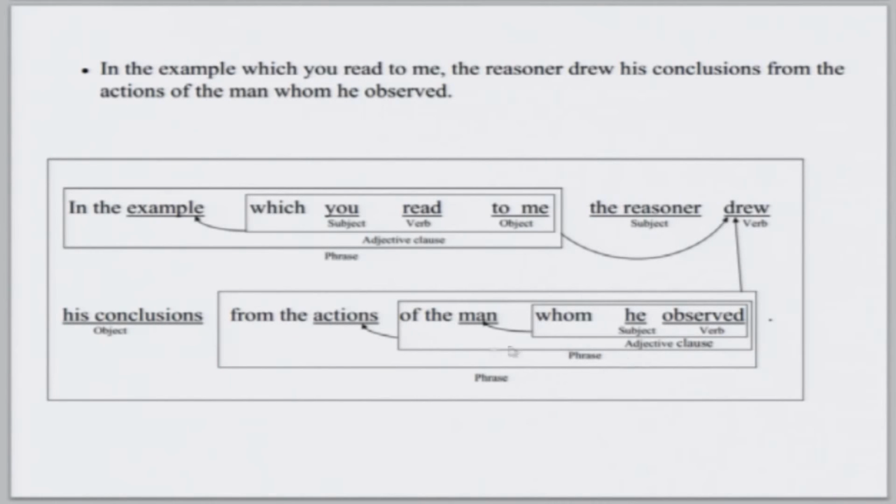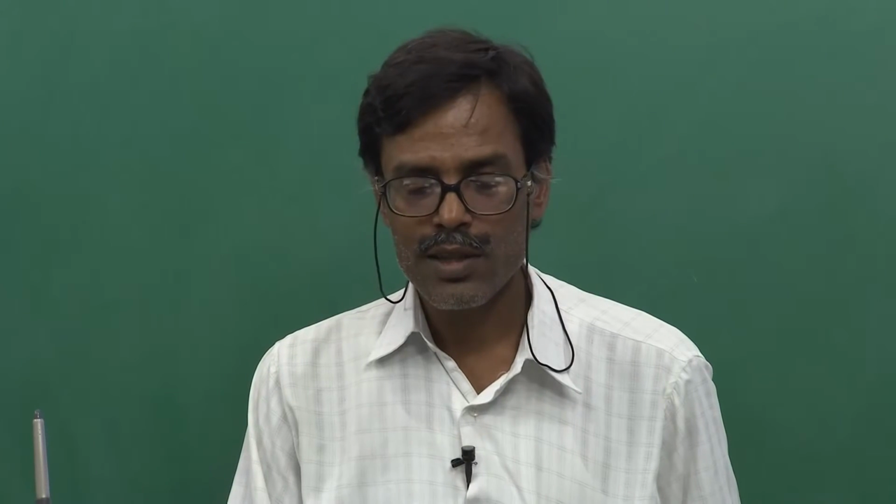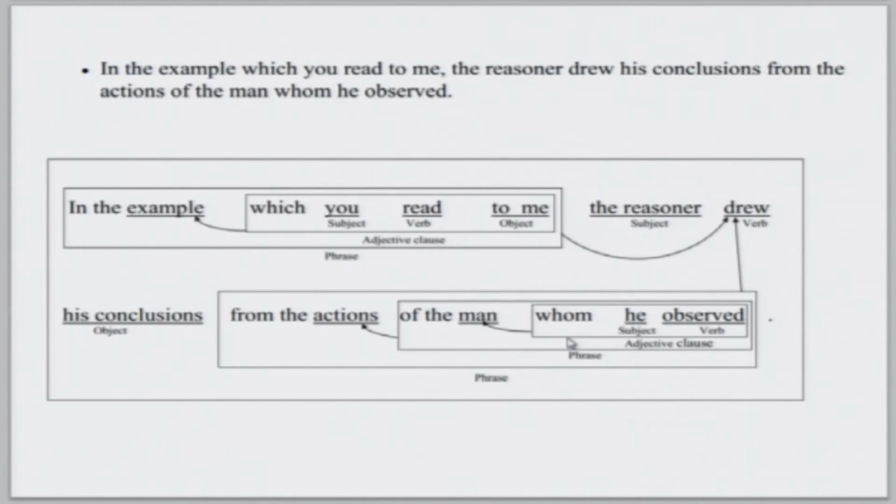In this whole phrase, "from the actions", actions is being qualified by "of the man". Man is being qualified with "whom he observed". So, this qualifies this man, of the man, this whole thing qualifies which actions, and this whole thing qualifies the conclusions, and conclusions is actually the object of this sentence.